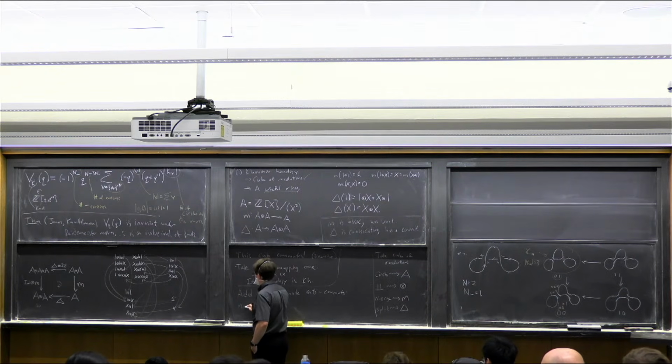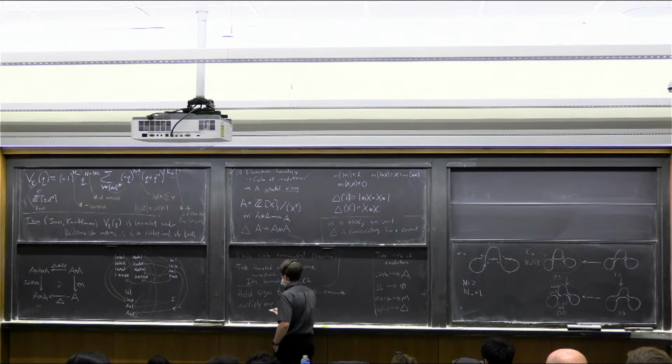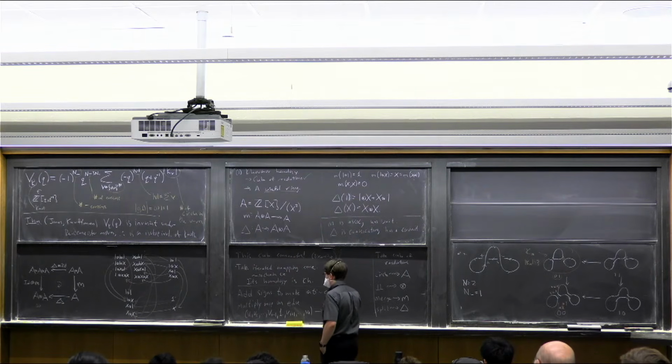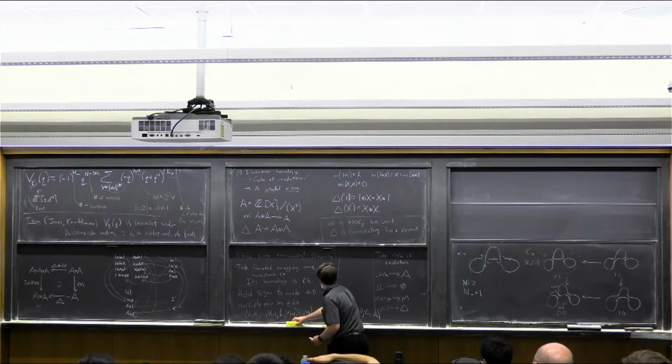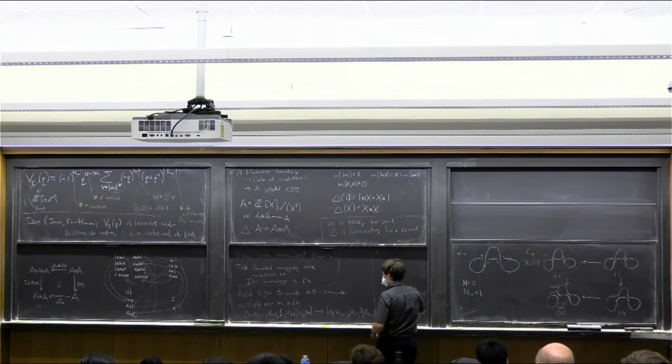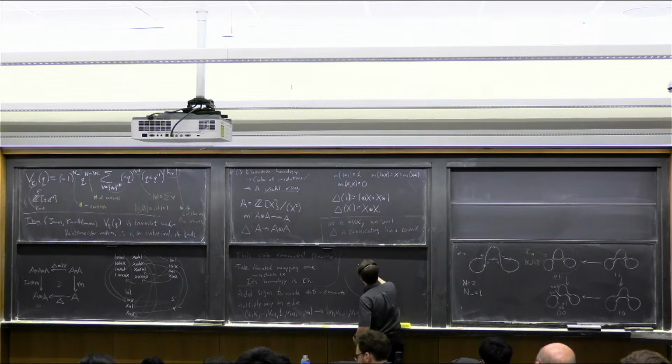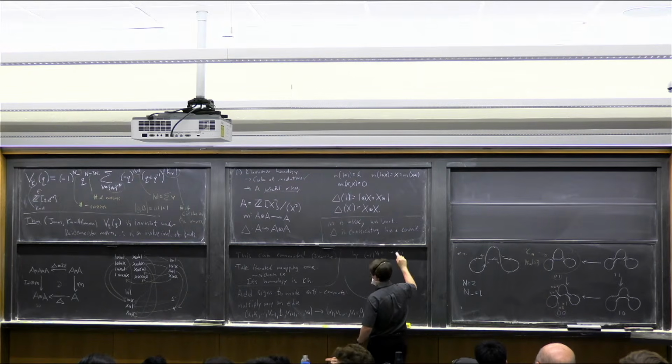You multiply the map on an edge v1, v2, ..., vi minus 1, 1, vi plus 1 through vn to v1, v2, ..., vi minus 1, 0, vi plus 1, ..., vn by minus 1 to the v1 plus up to vi minus 1.